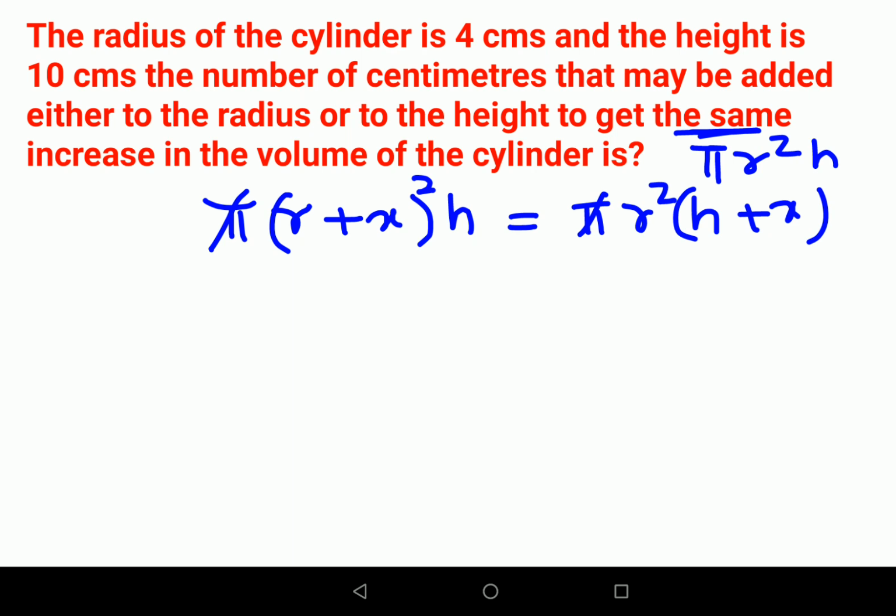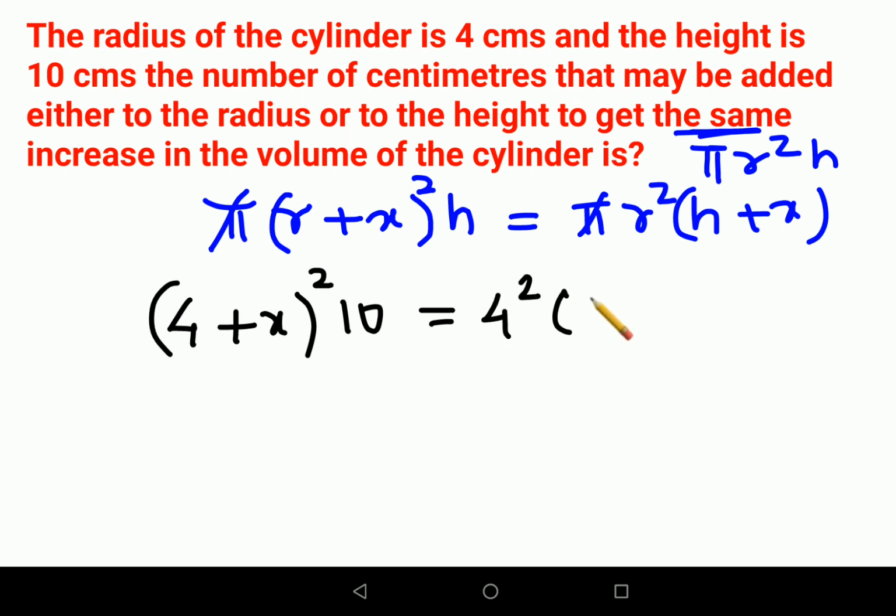Now let's put the value of radius, which is what in this case? 4. So (4 plus x) the whole square into h, which is 10. And here we have 4 square into (10 plus x).